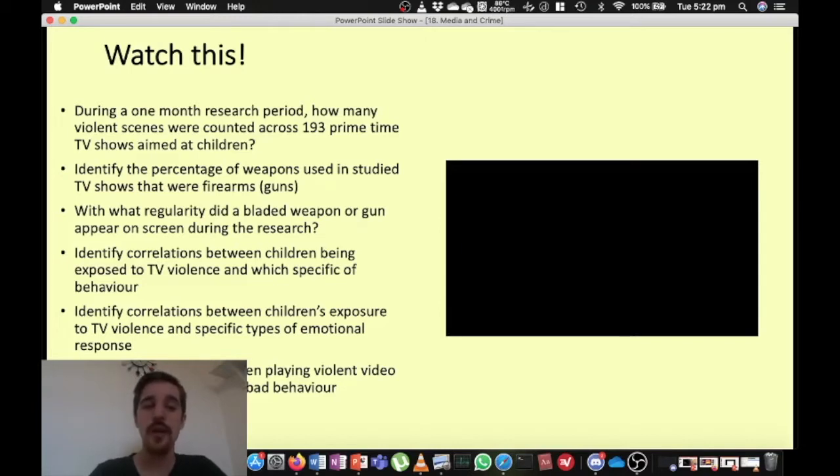With what regularity, so how frequently, did a bladed weapon or gun appear on the screen during the research? Identify correlations between children being exposed to TV violence and which specific behavior. Identify some correlations between children's exposure to TV violence and specific types of emotional responses. And lastly, identify some correlations between playing violent video games and specific types of bad behavior.